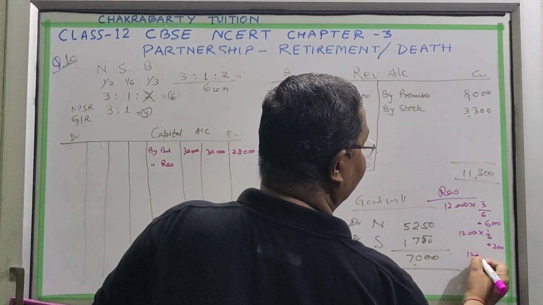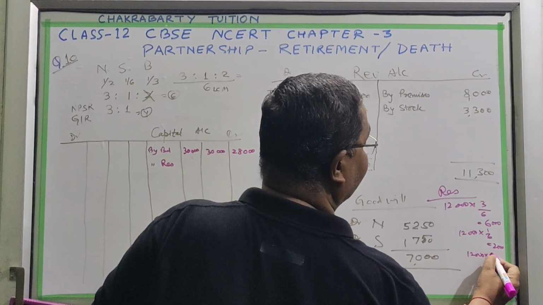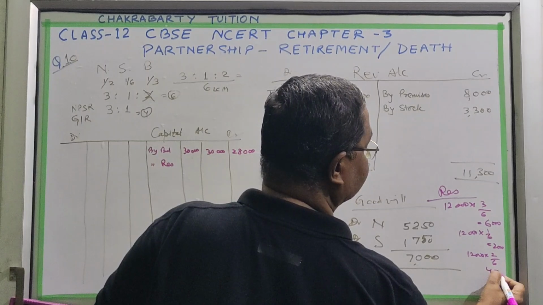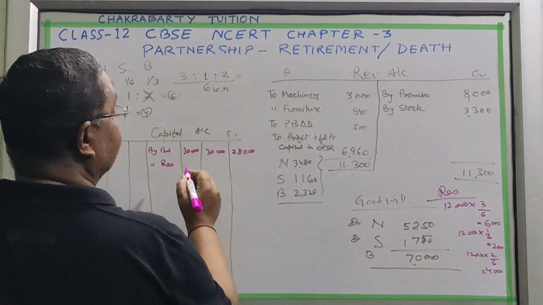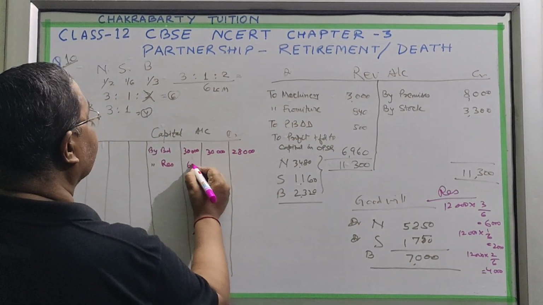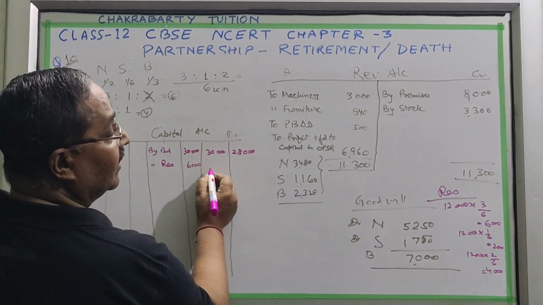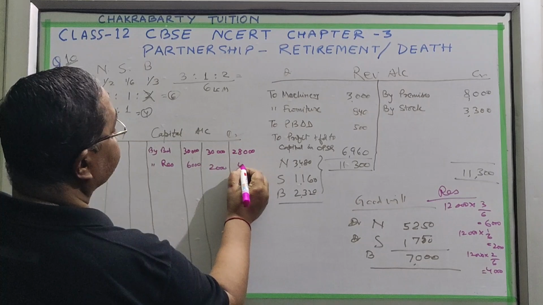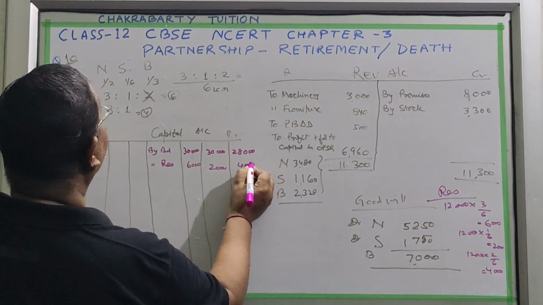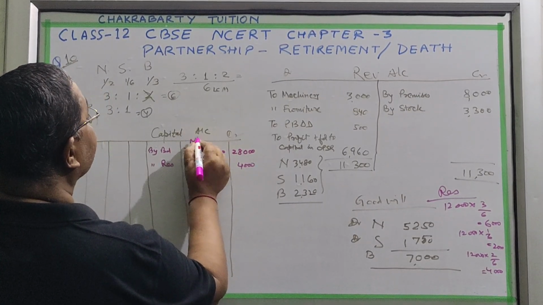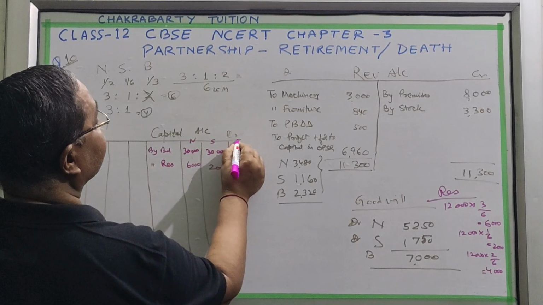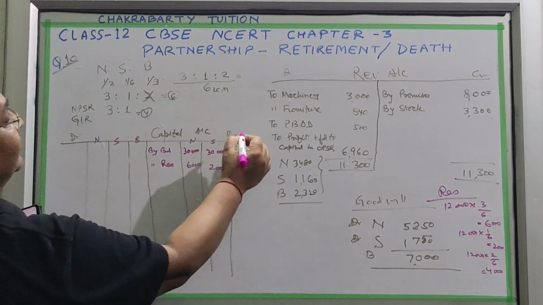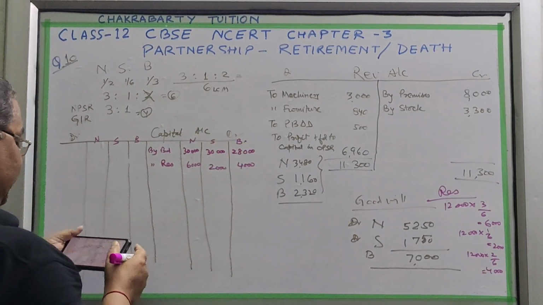And another is 2/6, so 4,000. This is your N, this is your S, and this is your B. Narang, Suri and Bajaj, and this person is going out.